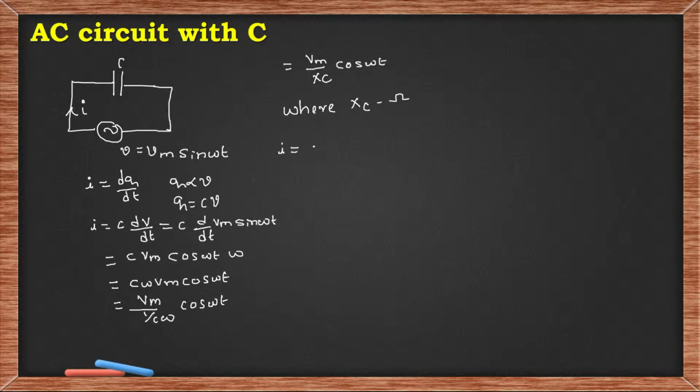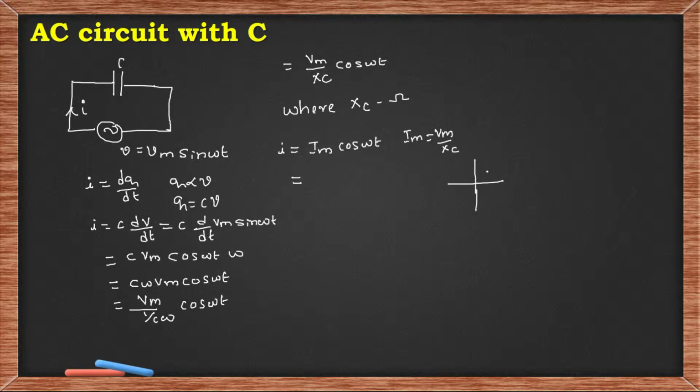Therefore the equation is I is equal to Im cos omega t, where Im is nothing but Vm divided by Xc. Here I cannot compare the applied voltage and the instantaneous current because this is sin omega t and this is cos omega t. So therefore I want to convert this cos into sin with the help of trigonometric conversions.